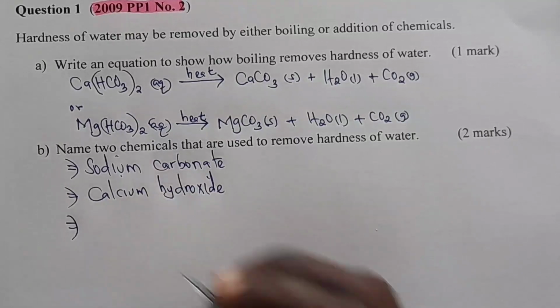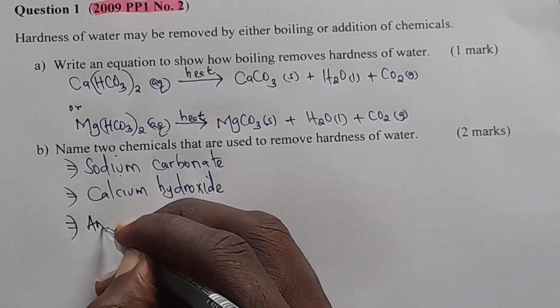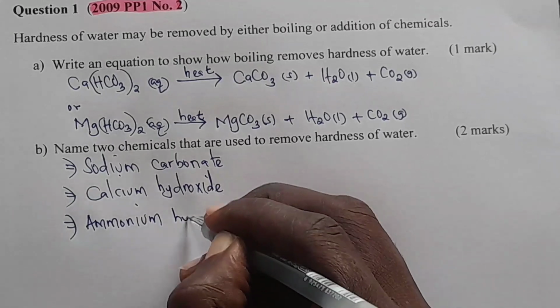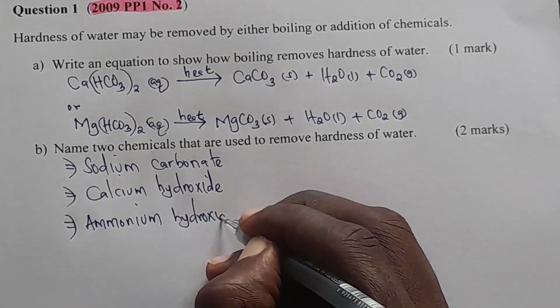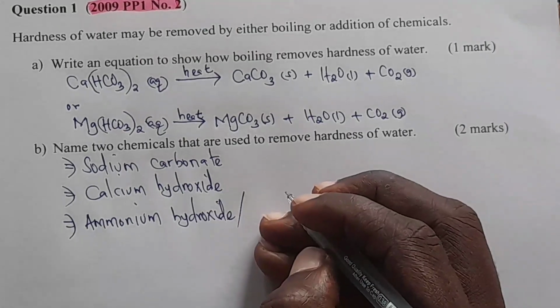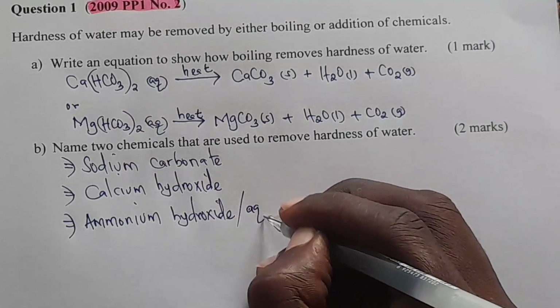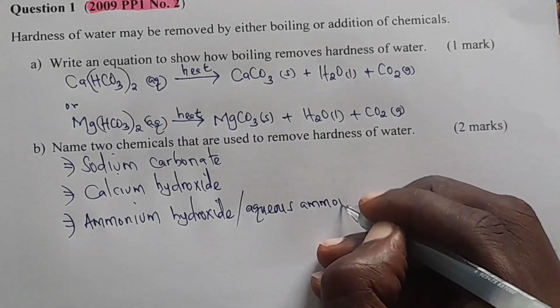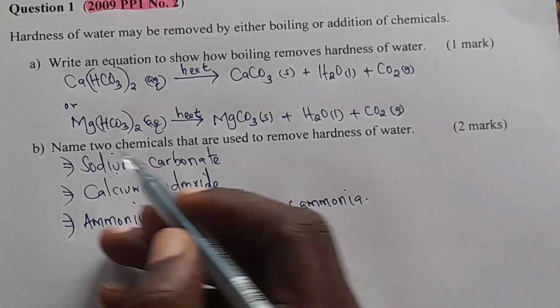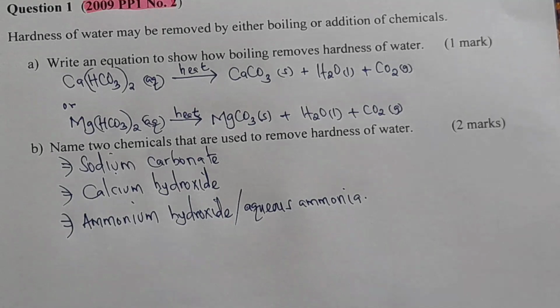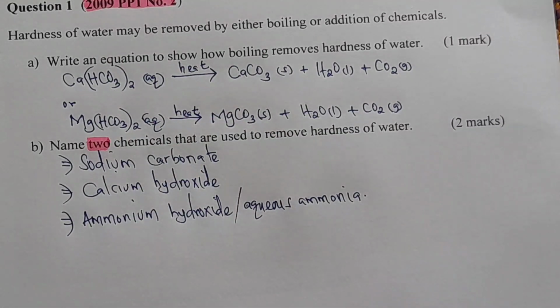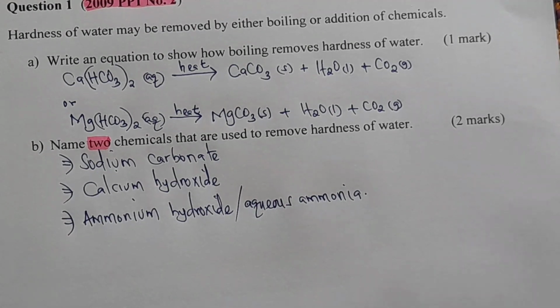Number 3, ammonium hydroxide solution, or we can say aqueous ammonia. Here you are asked only 2 chemicals, but we have given 3. So you only state 2 chemicals that can be used to remove hardness of water.